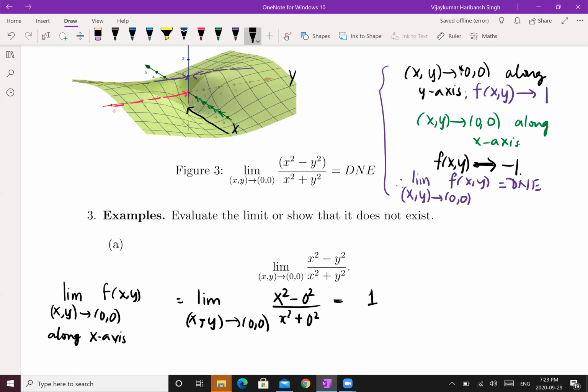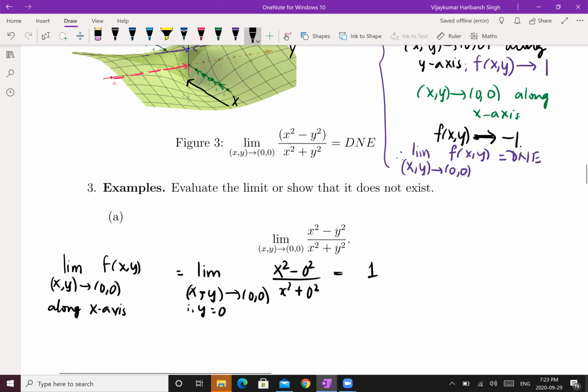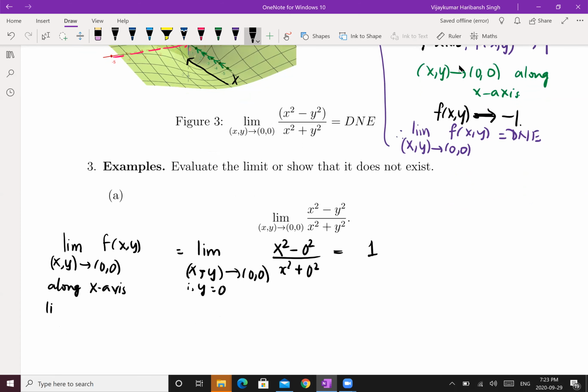Similarly, the limit as (x,y) goes to (0,0) of f(x,y) along the y-axis. Now along the y-axis, the x values are 0, right?